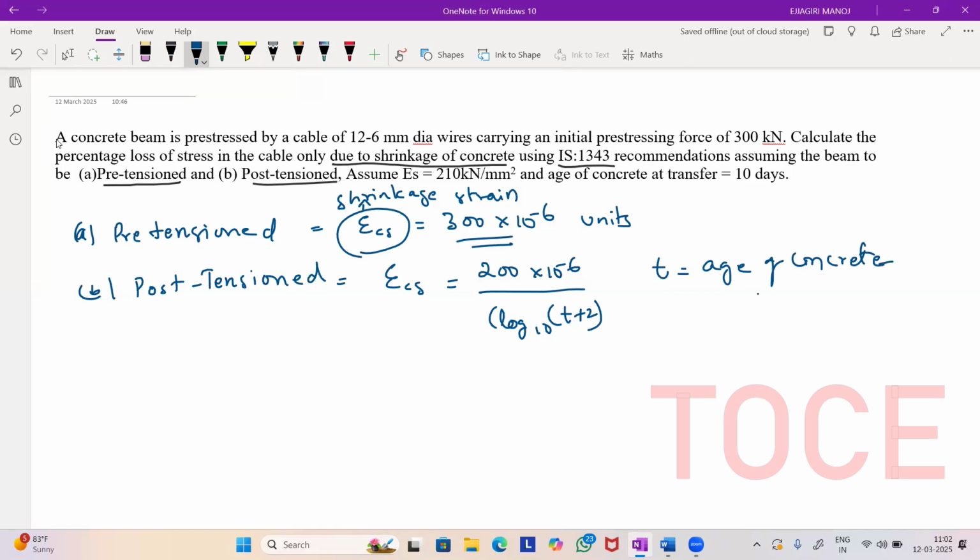Post-tension members are precasted in the factory and stressed at the site, so there will be a certain age when the pre-stressing happens. That will be T. It may be 10 days, 30 days, or 40 days. Here in this question, he has given the age of concrete as 10 days. Now let us solve this question.